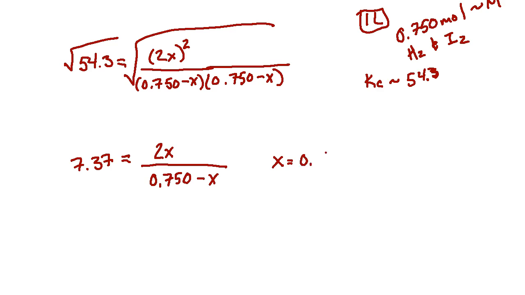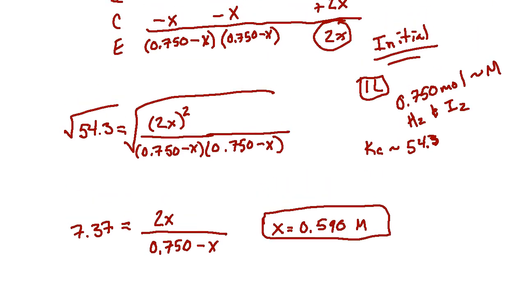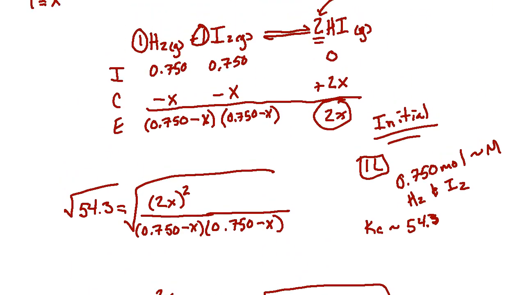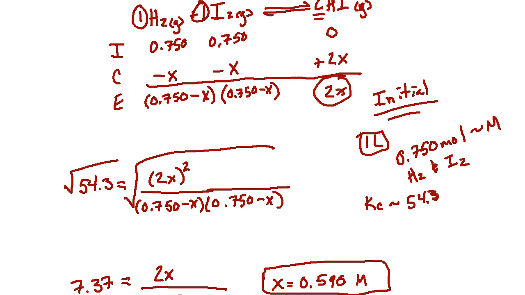So it would be 0.590 molarity. So are we done at this point? Well, this is what x is equal to. So if I wanted to really find the concentrations at equilibrium, I would need to go in and plug these values back in to find those equilibrium values.